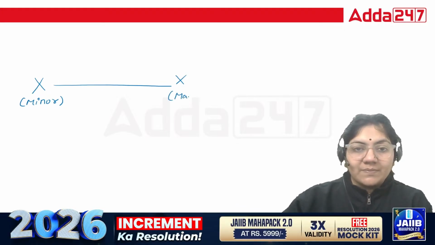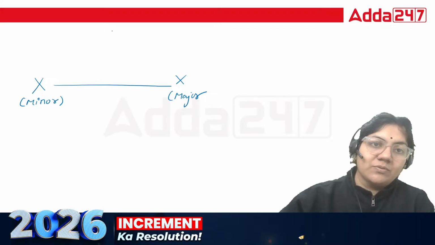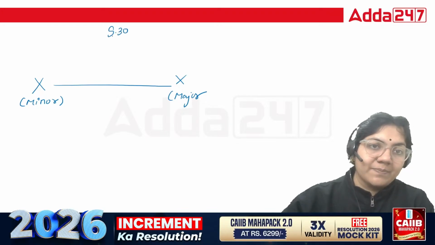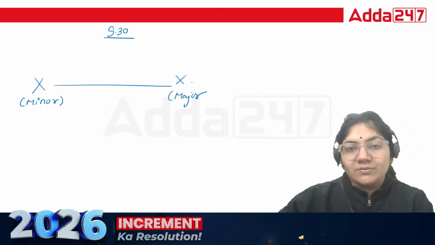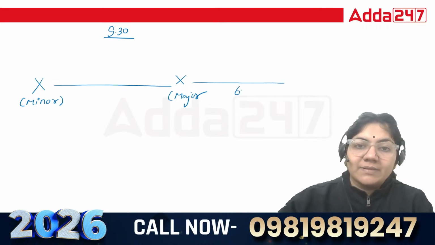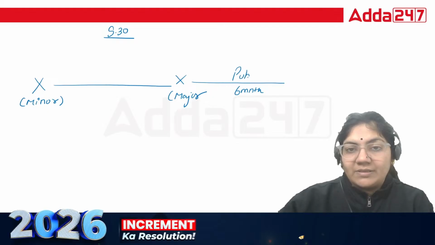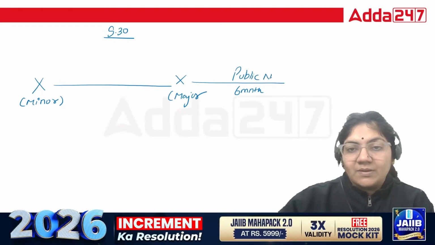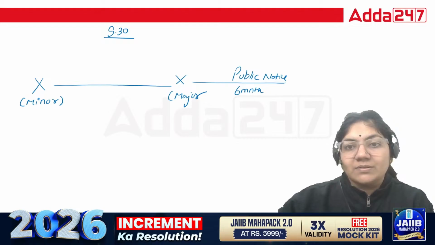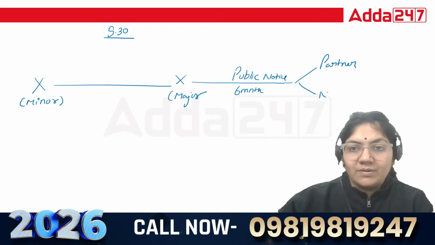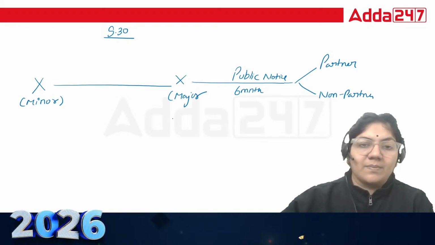But once he becomes a major, and that rule is given in Section 30, when he becomes a major, he has a 6-month time period in which he has to declare through public notice whether he wants to become a partner or doesn't want to become a partner.